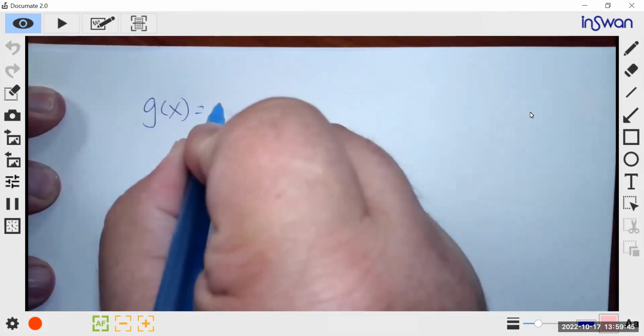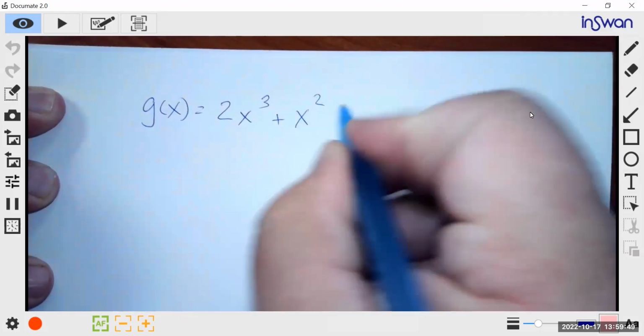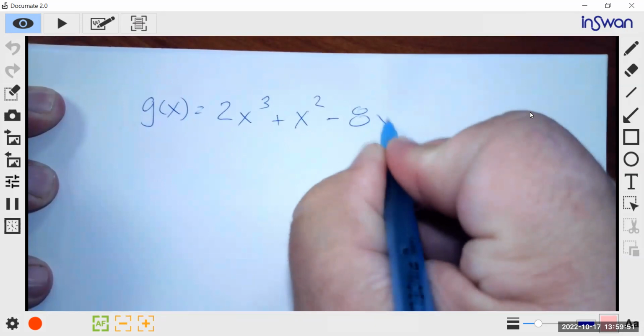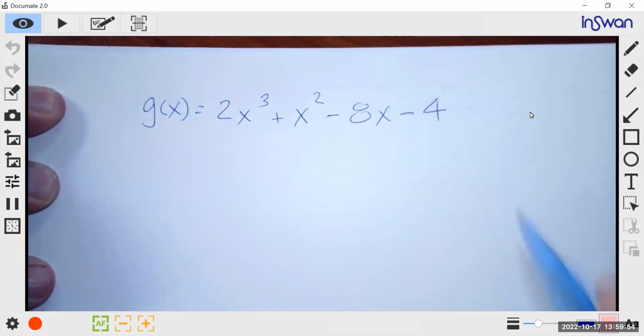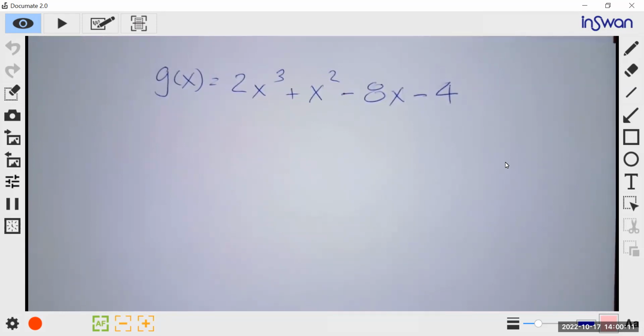G of x equals 2x cubed plus x squared minus 8x minus 4. Give me a rough sketch of that graph.